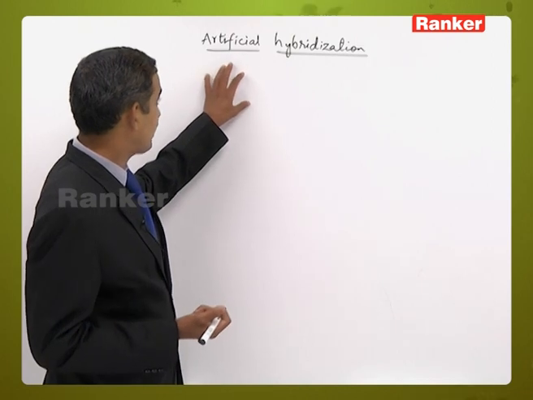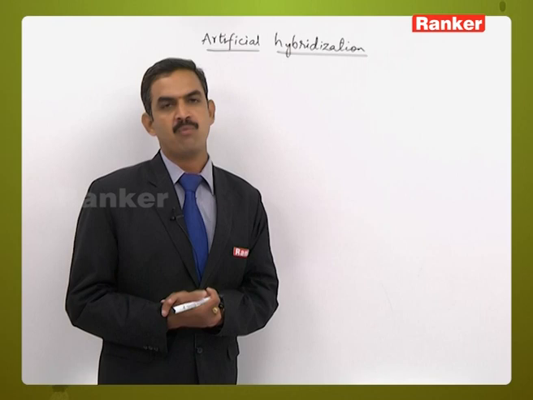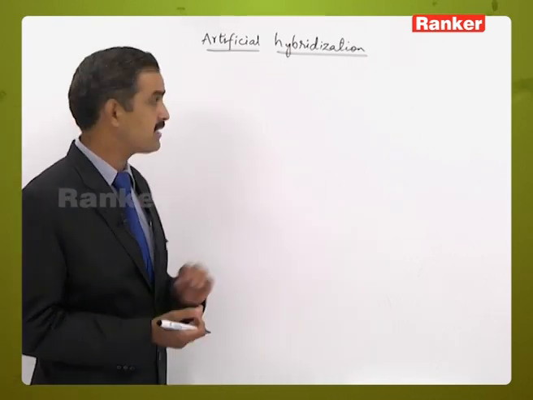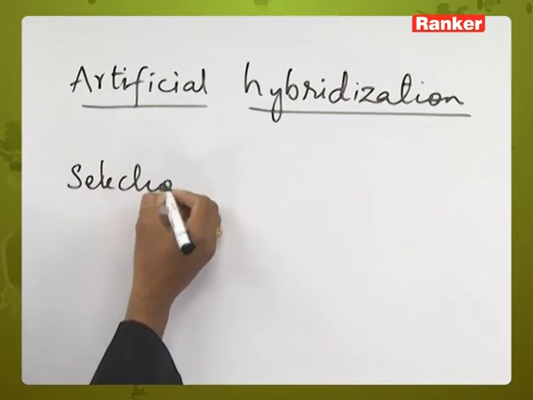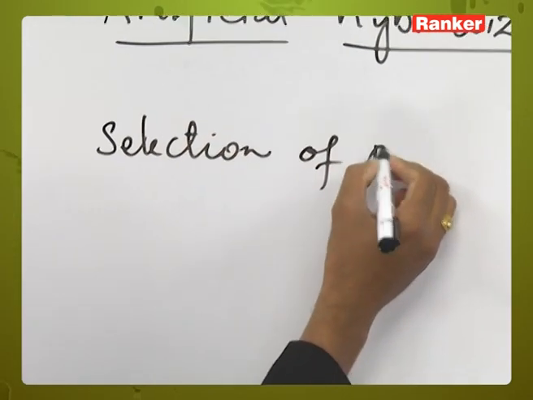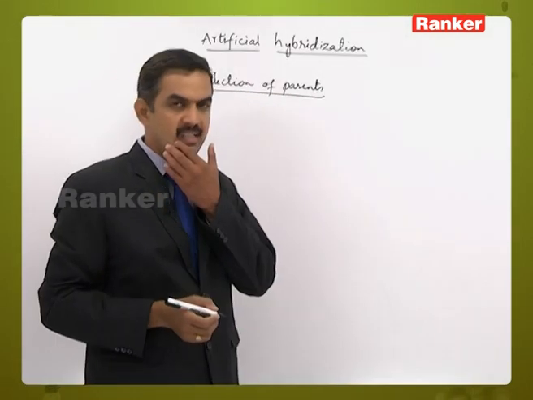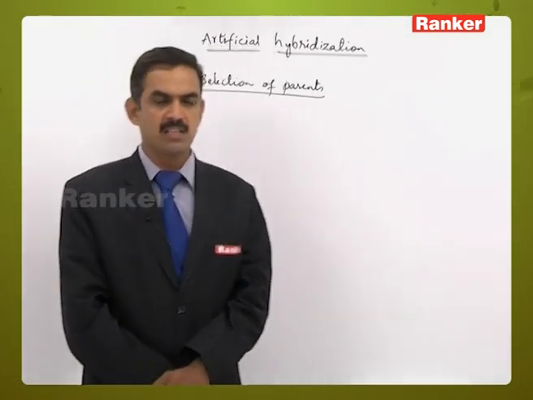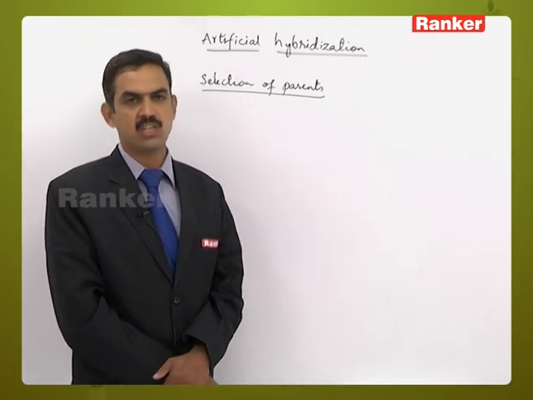So, what are the steps employed by the plant breeder while doing artificial hybridization? The first and foremost step is the selection of the parents. Generally, the parents selected, the male parent and the female parent, will contain bisexual flowers.